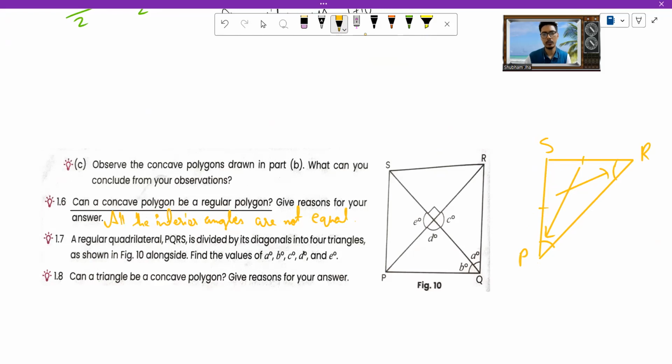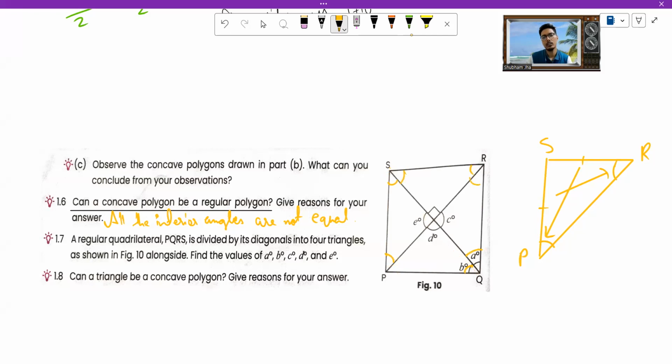Similarly, if we look into this triangle, then we can find that this angle is equal to this angle.